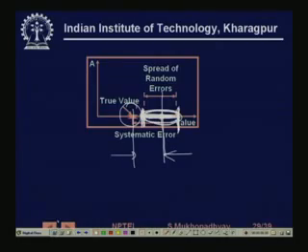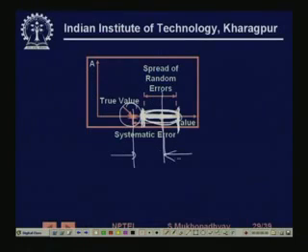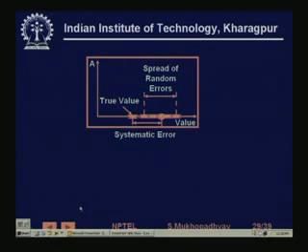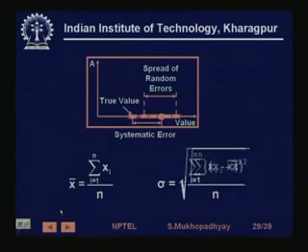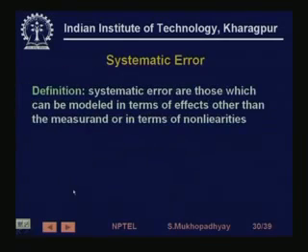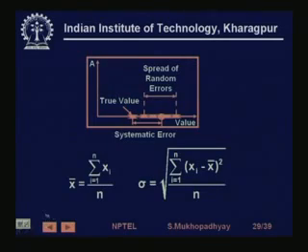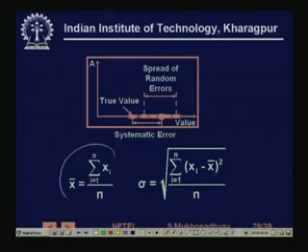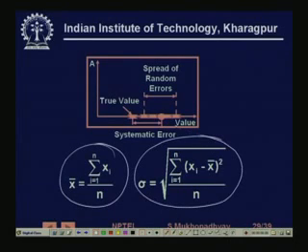So one has to understand these specifications. The systematic errors are often even quoted by manufacturers in terms of quantities like gain error. So this is the mean and this is the variance, standard statistical distribution definitions.